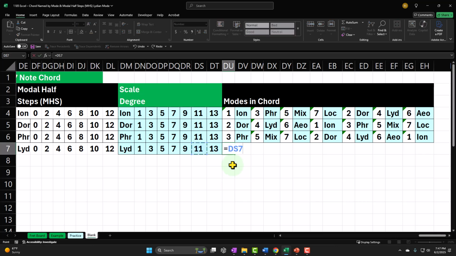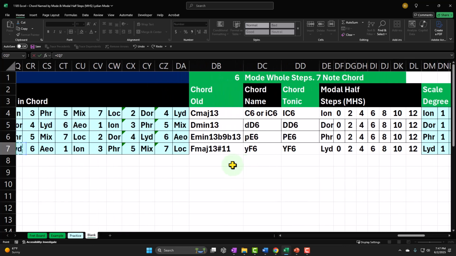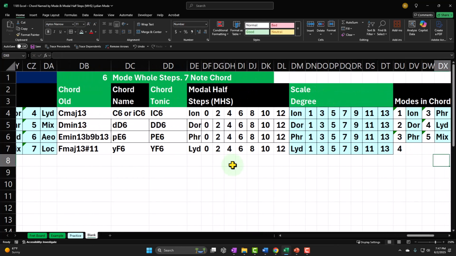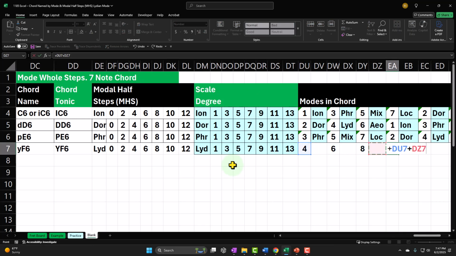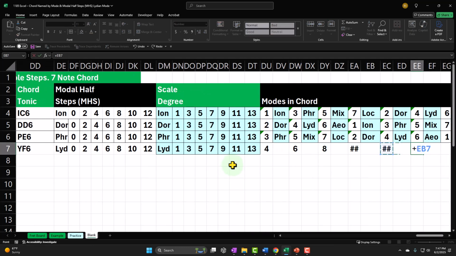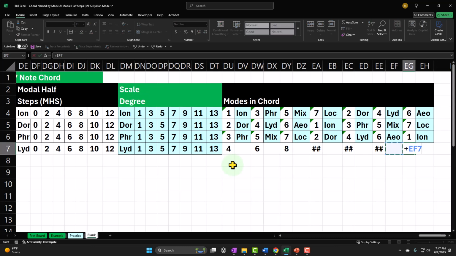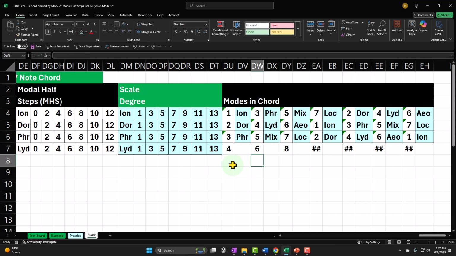It would be easier to say that this is going to be the 4, because that's the Lydian, and then we're just going to say this is going to be the 4 plus 2, tab, 4 plus 4, tab, 4 plus 6, tab, 4 plus 8, tab, 4 plus 10, tab, 4 plus 12, and then we'll bring it all down.